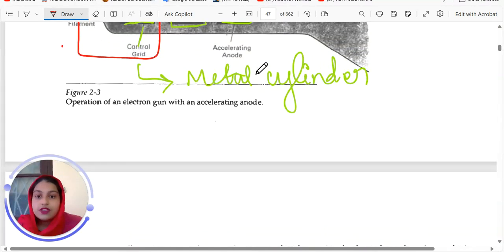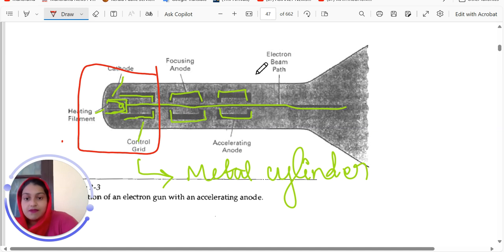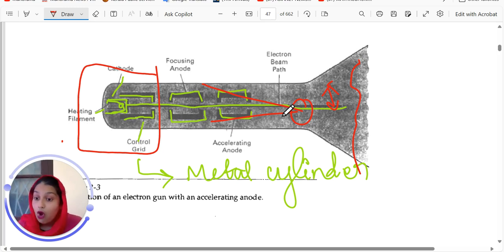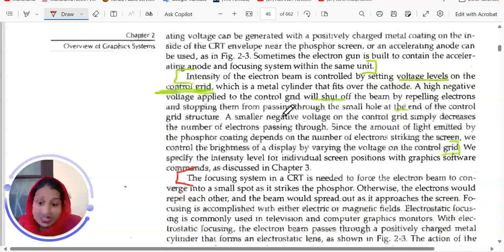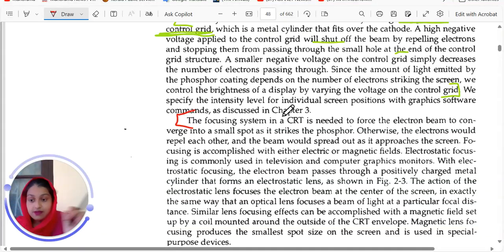We have to converge the electron beam into one spot. Otherwise, the electrons will repel each other and spread throughout. So, to avoid that situation, we want to converge it. And for that, we are using the focusing system.